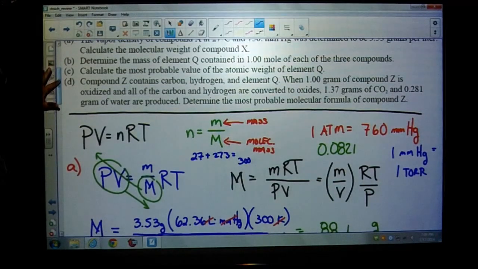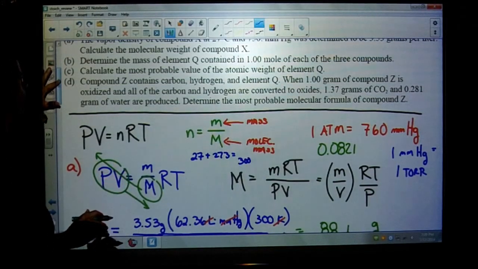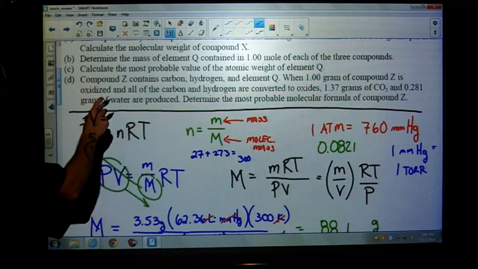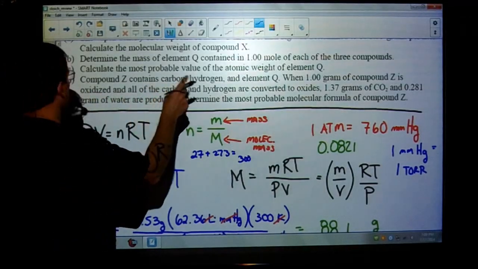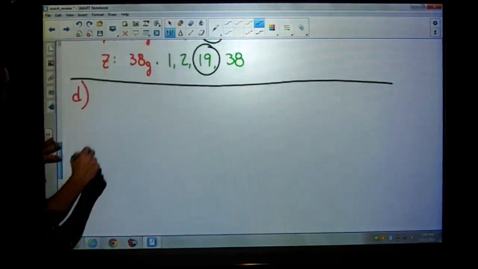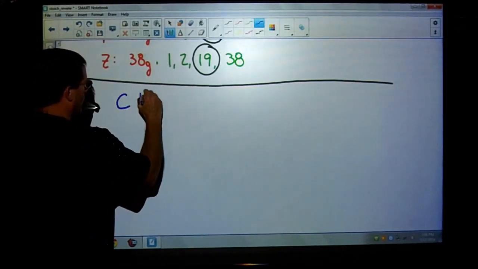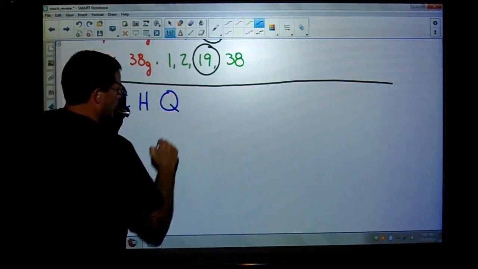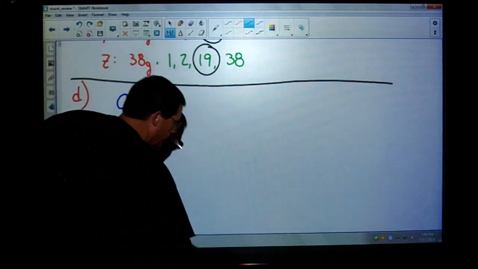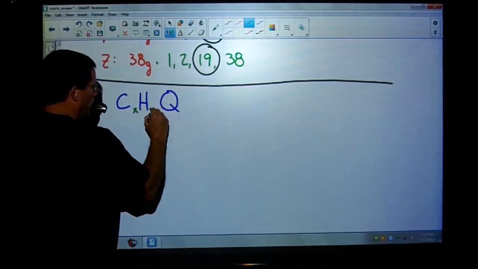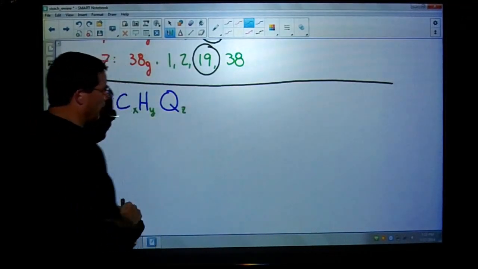All right, so here's what I'm going to do. I'm going to write down what they have given us. So we have a compound. Compound Z contains carbon, hydrogen, and element Q. So we have carbon, hydrogen, and whatever Q is. And we're going to find what that is.